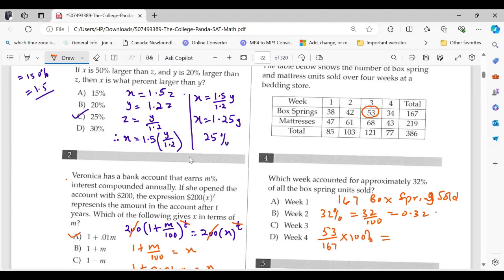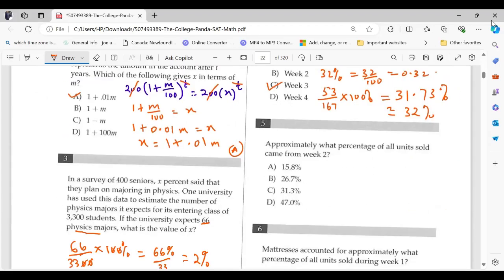That gives us 31.736, so this gives us 31.73%, which is approximately 32%. So it is week 3, and that's option C.